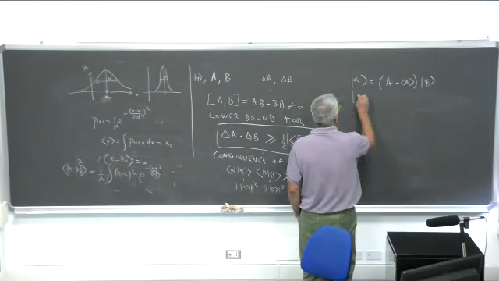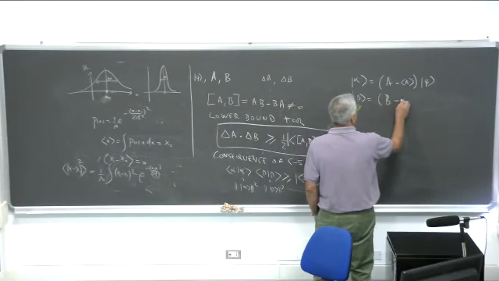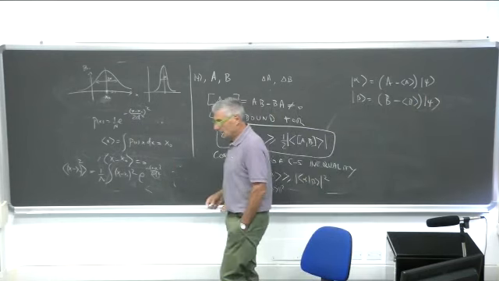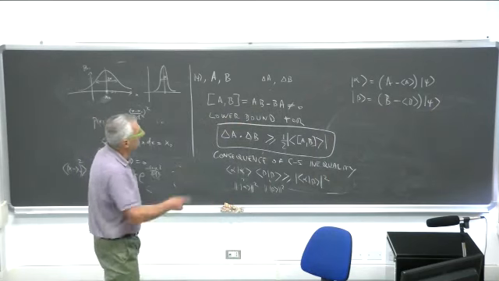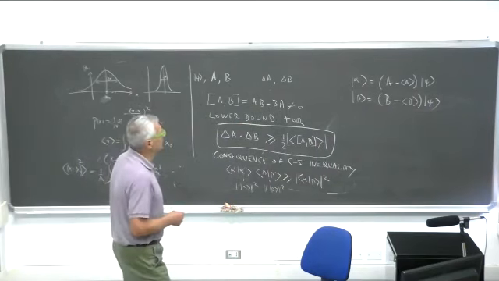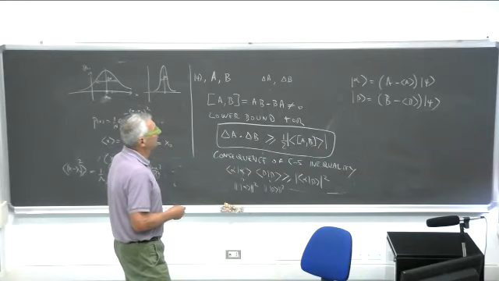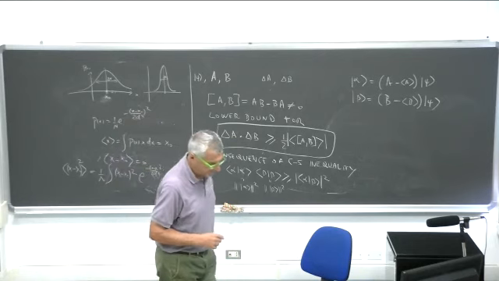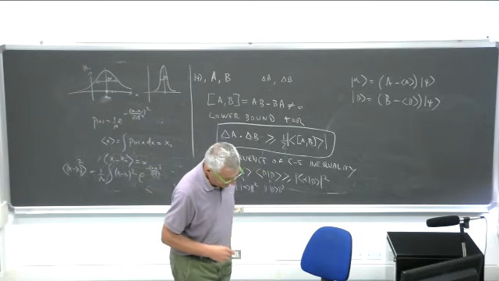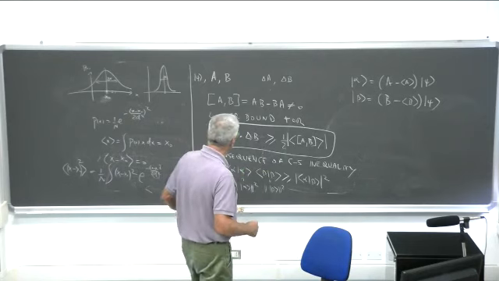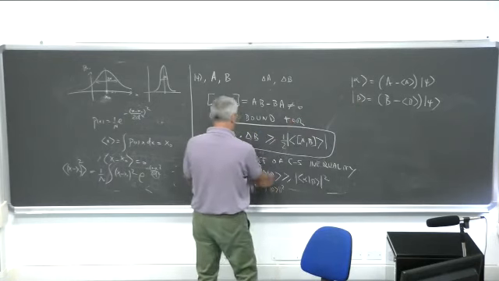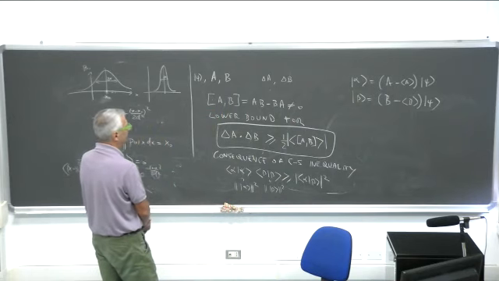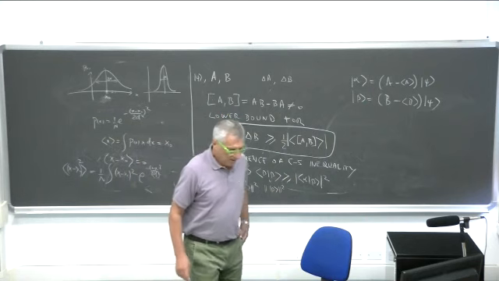Alpha is A minus the expectation value of A, and beta is B minus the expectation value of B. These are two particular vectors obtained by applying this combination on our state, the state psi of the system. Okay. And so this is what enters in this thing here.